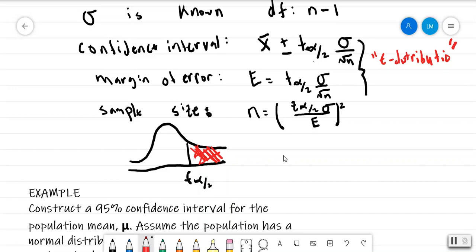The other thing you would need to look at is how you get the standardized version of the t distribution.